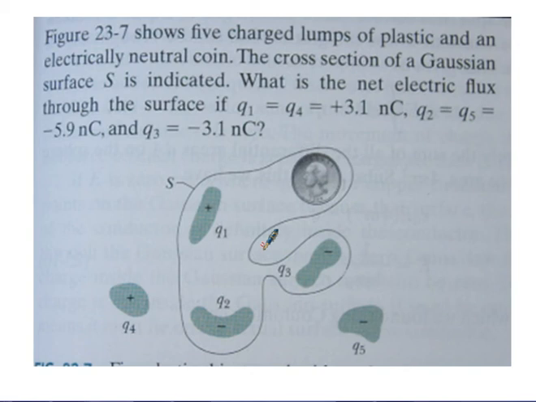So if you want to know the net electric flux through the surface, I would ignore these 2. They're going to be flux neutral. It's only the enclosed charges, and I would find the net charge enclosed and divide it by epsilon naught, and that would be the flux at the surface.